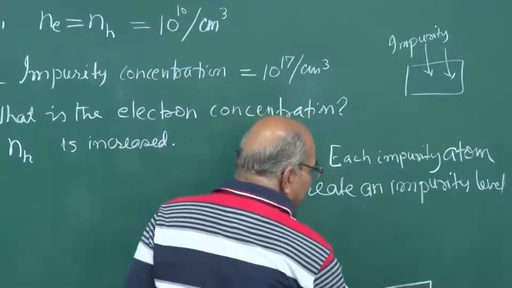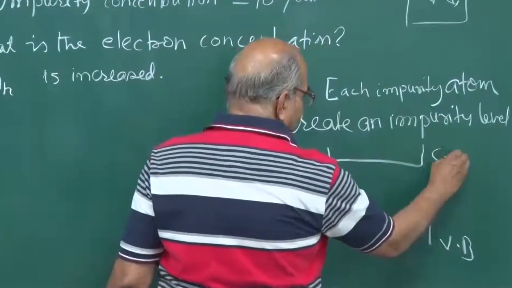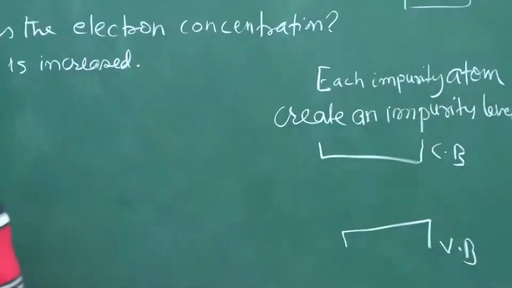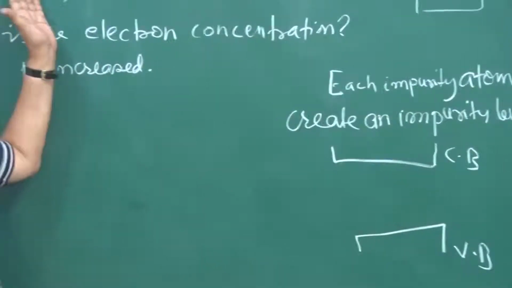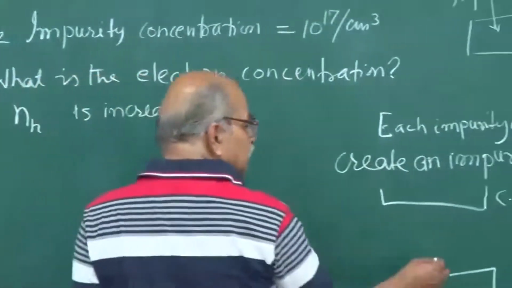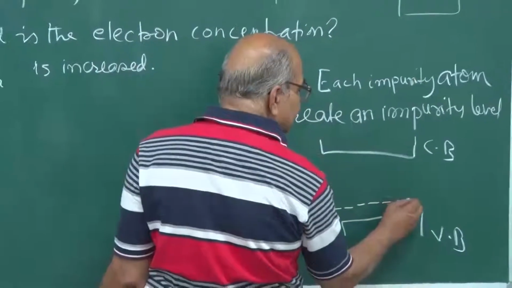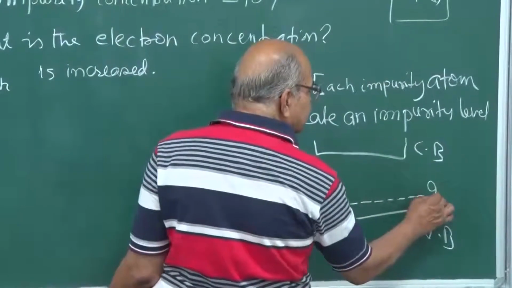If you have a valence band and a conduction band, and you dope a p-type impurity to make this p-type, then new energy levels are created near the valence band. These are the impurity levels.